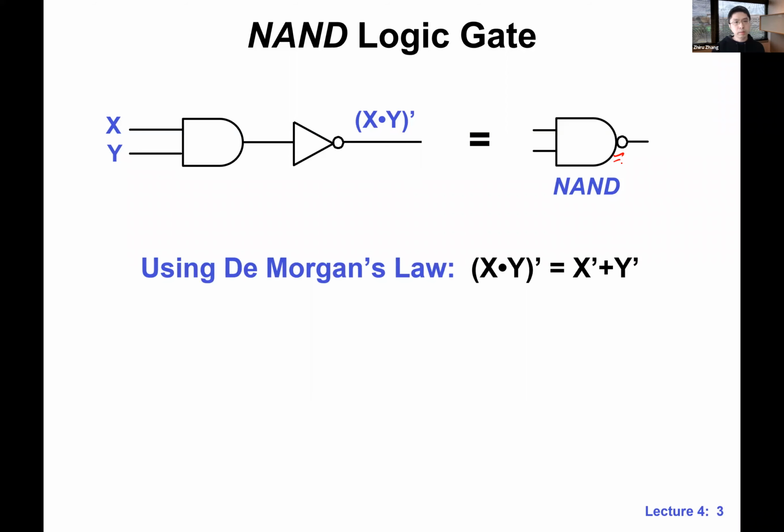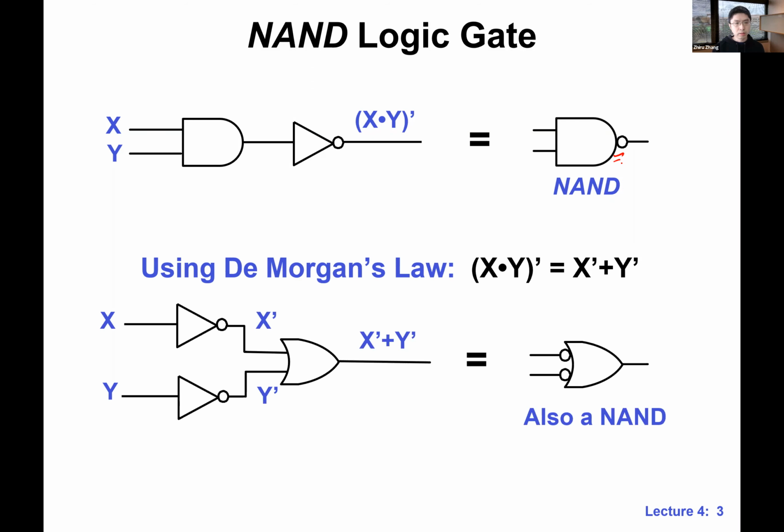We can also apply De Morgan's law, which we learned in lecture 2. It turns out this is also a NAND gate. If you invert both inputs of an OR gate, this is also a NAND.